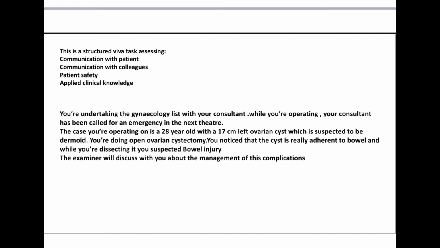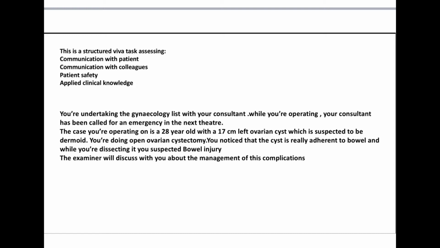So the defect can be either sharp or thermal. The thermal is the more dangerous because sometimes even if you repair this defect and later on the vessels may be affected and damaged, and sometimes this area will be necrotic and slough down and causing again another injury, or sometimes maybe fistula formation.